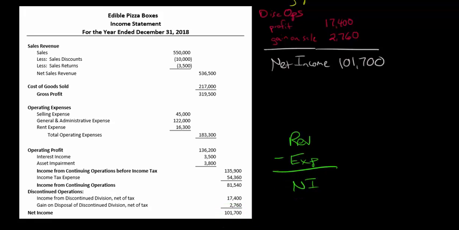The key is that we can look here and we can say, hey, look, $17,400 of the profit of this $101,700 was due to the profit of a division that has been sold, right? So we wouldn't expect, if we're looking, okay, well, next period, is it going to be $101,700? Probably not, right? Because we got rid of a division that was accounting for almost 20% of the profitability.